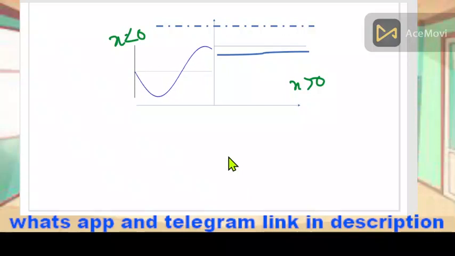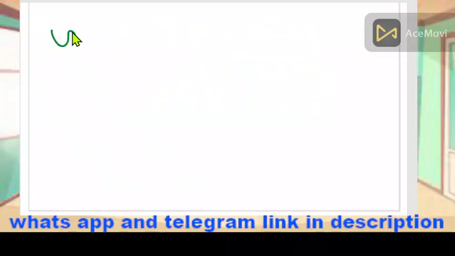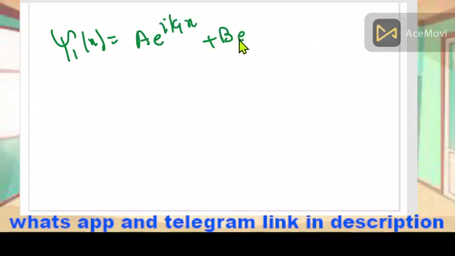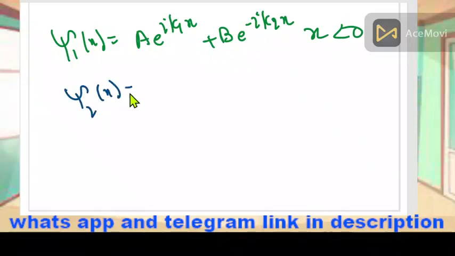So you can now write the solutions for the two regions. The first solution is psi 1 of x equals a e to the power i k1x plus b e to the power minus i k1x, for x less than 0, and then you have psi 2 of x.